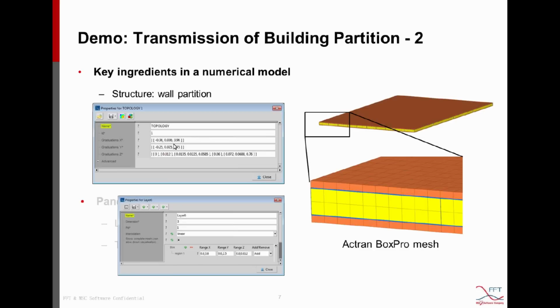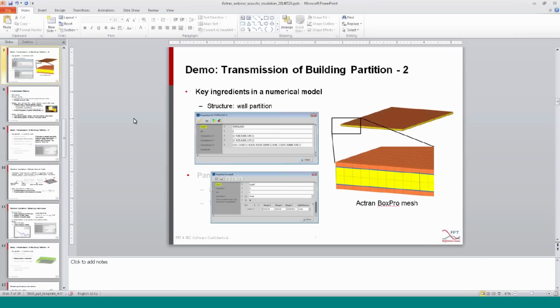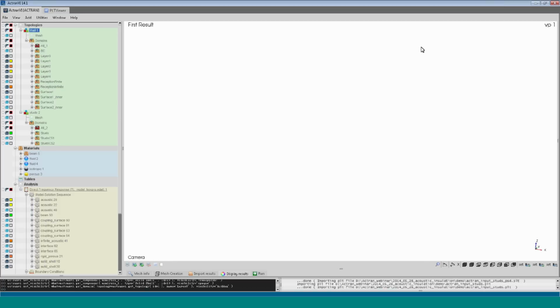So in Actran, there are basically two ways to handle the mesh. One way is to import a mesh that is created in an external mesh tool, like Partition, like SimExpert or ANSA, etc. Another way to create a regular shaped mesh is to do that in the graphical user interface of Actran, which is called Actran VI, so I will share my screen now on this graphical interface in Actran.